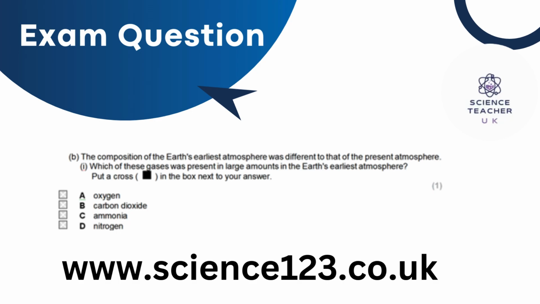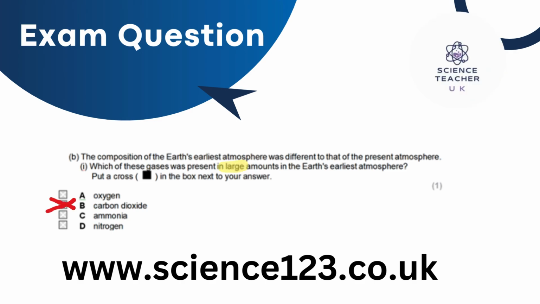So the composition of the Earth's earliest atmosphere was different to that of the present atmosphere. Which of these gases was present in large amounts in the Earth's earliest atmosphere? Was it A, oxygen, B, carbon dioxide, C, ammonia, or D, nitrogen? Now, they were all thought to have been present in the Earth's earliest atmosphere, but the key word there is large.